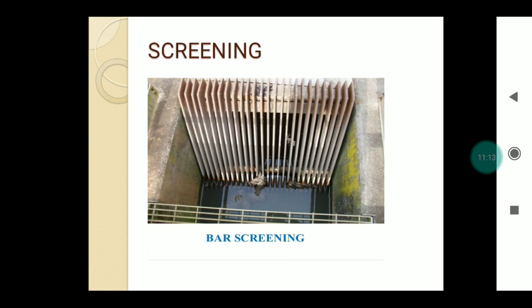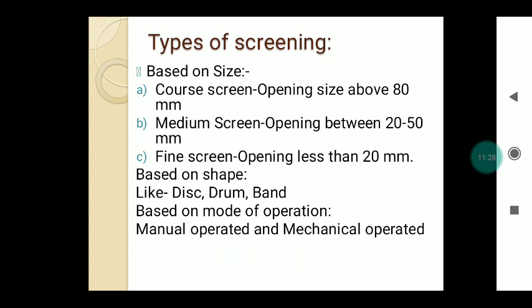Okay, the next point is screening. The diagram shows the bar screening. Bars are used to remove the floating matter from the sewage. Types of screening depend upon the opening size. When the size of the opening is above 80 mm, it is called a coarse screen.